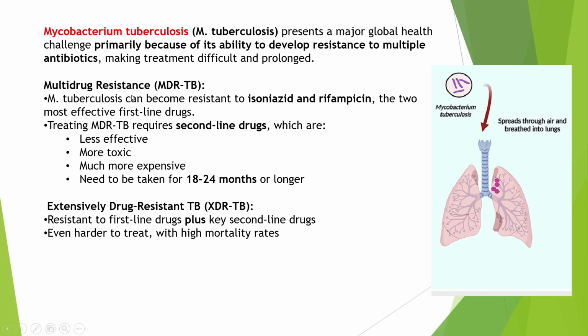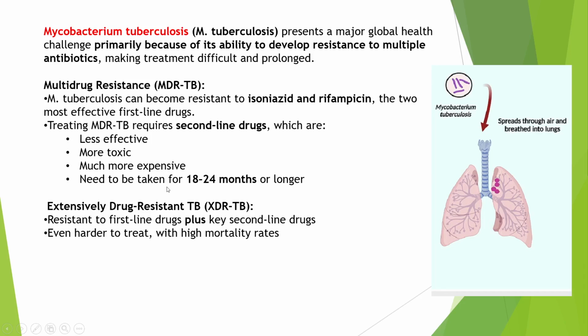In multi-drug resistance, MTB can become resistant to isoniazid and rifampicin, the two most effective first-line drugs. Then treating MDR TB, that is multi-drug resistant TB, requires second-line drugs which are less effective, more toxic and much more expensive, and the treatment time is also prolonged.